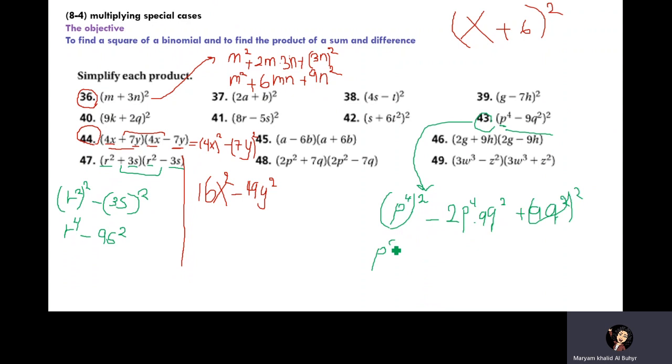That's p to the power 8 minus 2 times 9, it's 18, p4 q2 plus, distribute your power here, so that will be 81q to the power 4. So that's the idea.